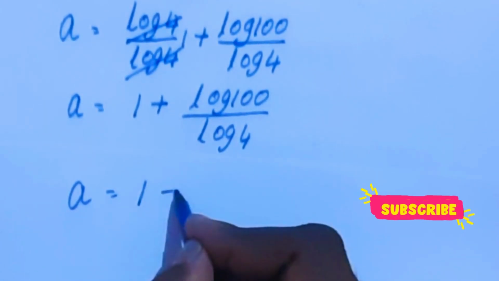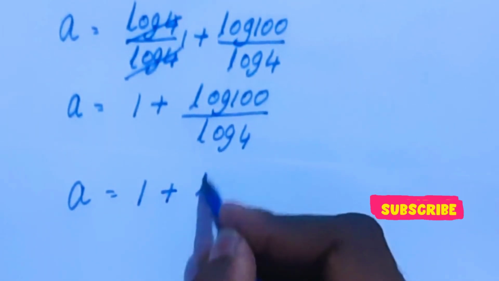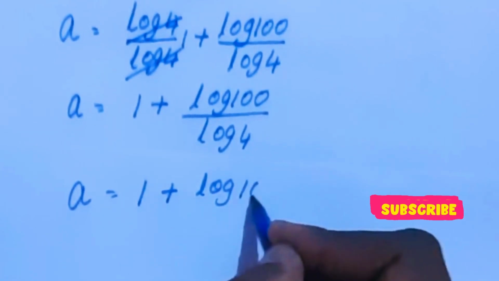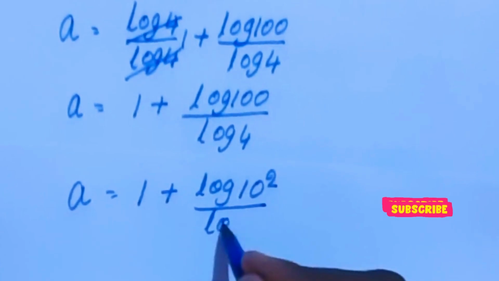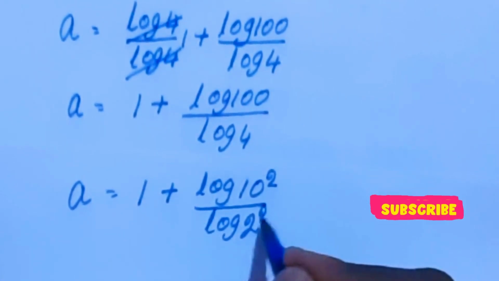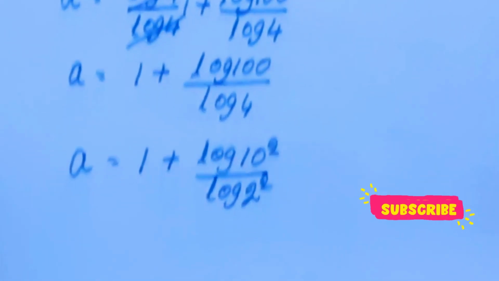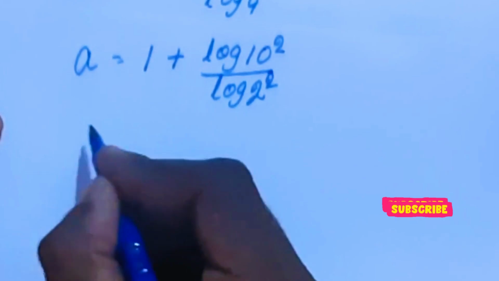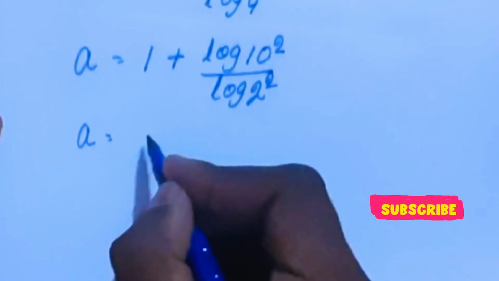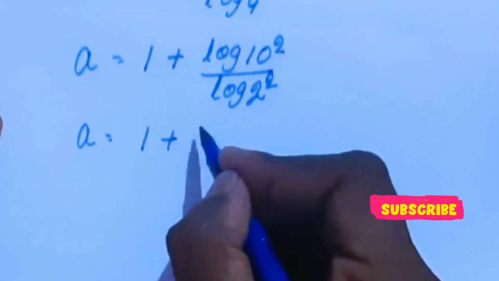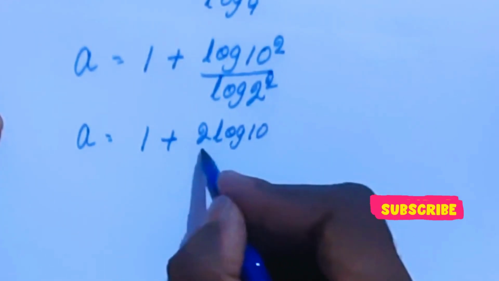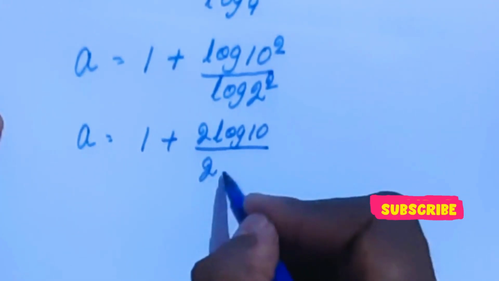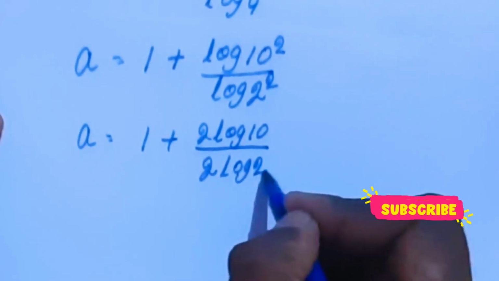A equal to 1 plus log 10 square by log 2 square. So a equal to 1 plus 2 log 10 by 2 log 2.